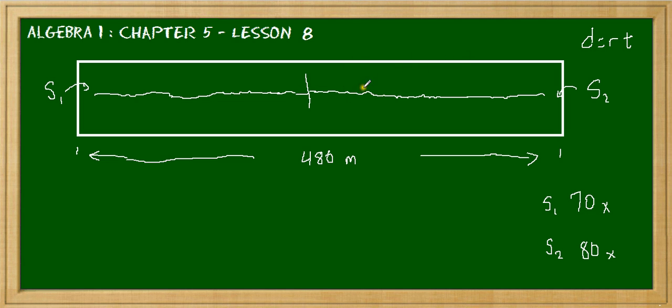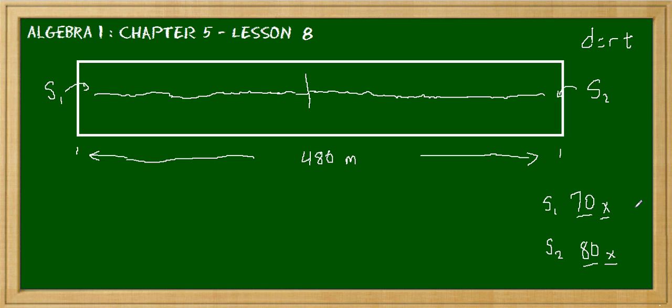But what we're trying to say here is that they're traveling for the same amount of time. The question is how far each one went. But I can certainly tell you that one is moving 70 meters per minute and the other one's moving 80. And they're both going to be traveling the same amount of time because they're going to stop from the minute that they run into each other, let's say.